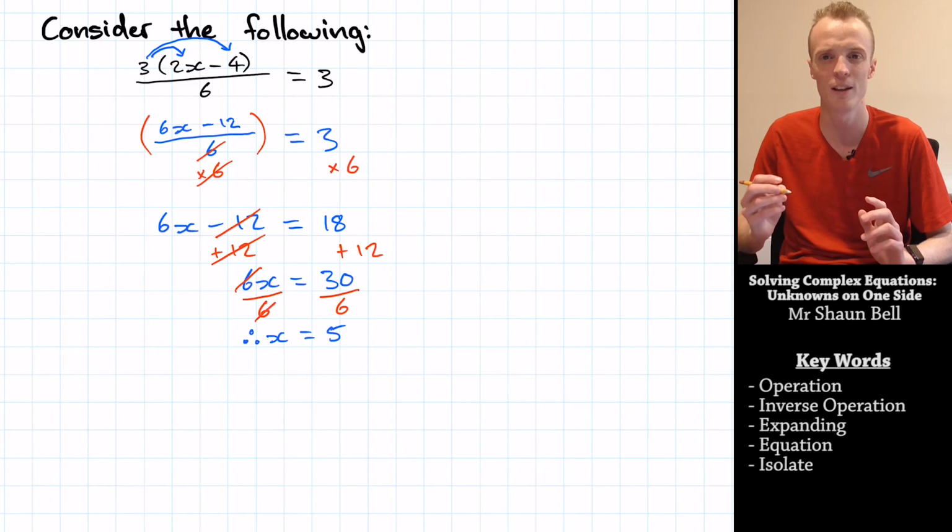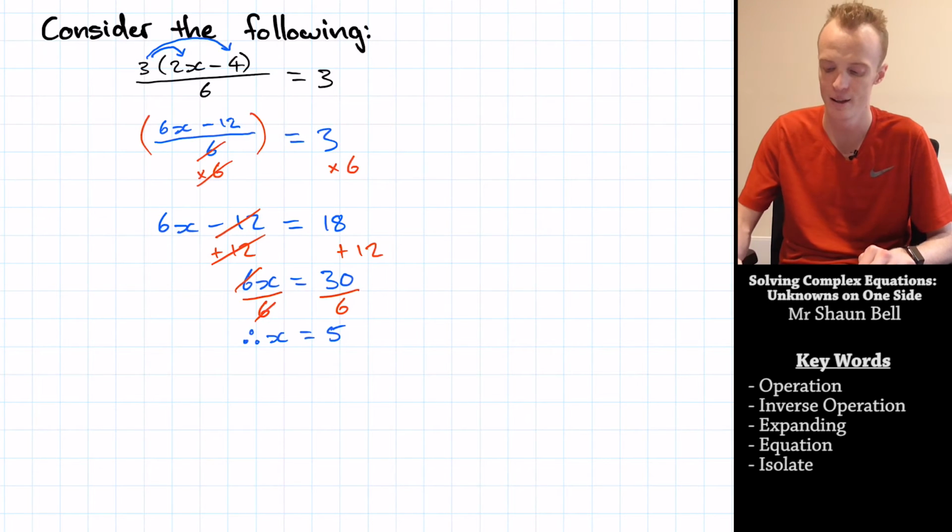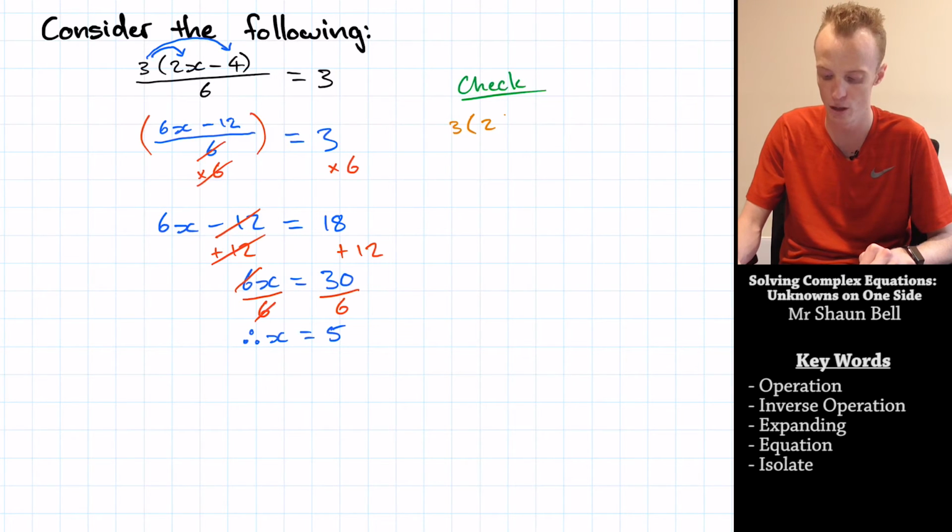But of course, we can check to see if we're correct. So let's perform a check step. So we substitute our value of x into the equation. When we do that, we've got 3 times 2 lots of x, which is 5, subtract 4, all divided by 6, and that should equal 3.